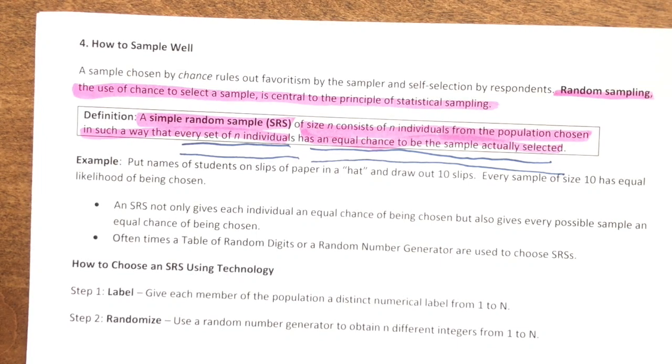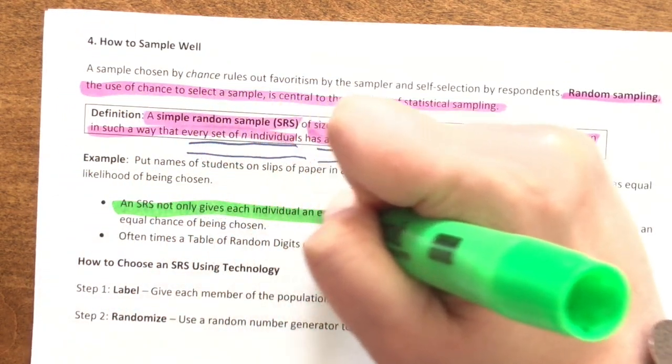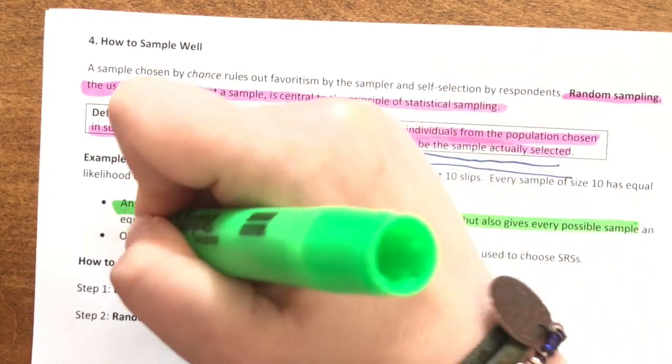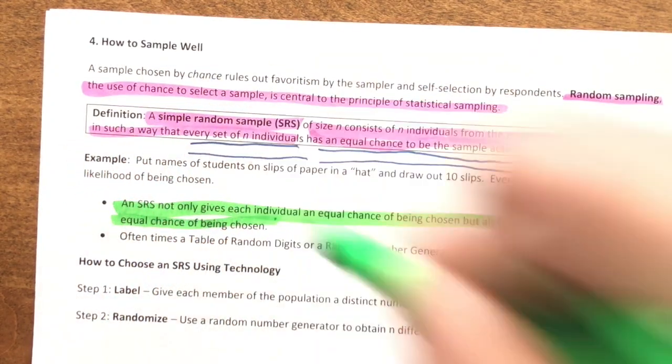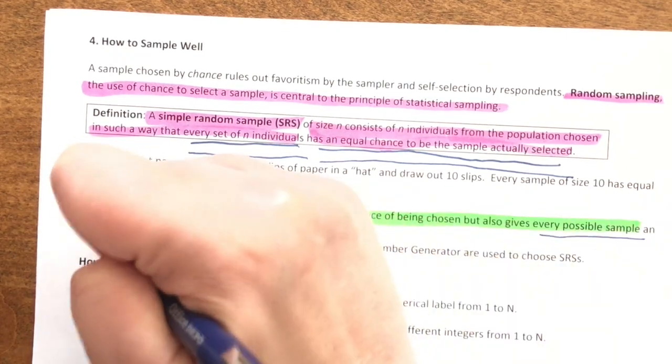It's called the hat method. A simple random sample not only gives each individual an equal chance of being chosen, but also gives every possible sample an equal chance of being chosen. Another key part.